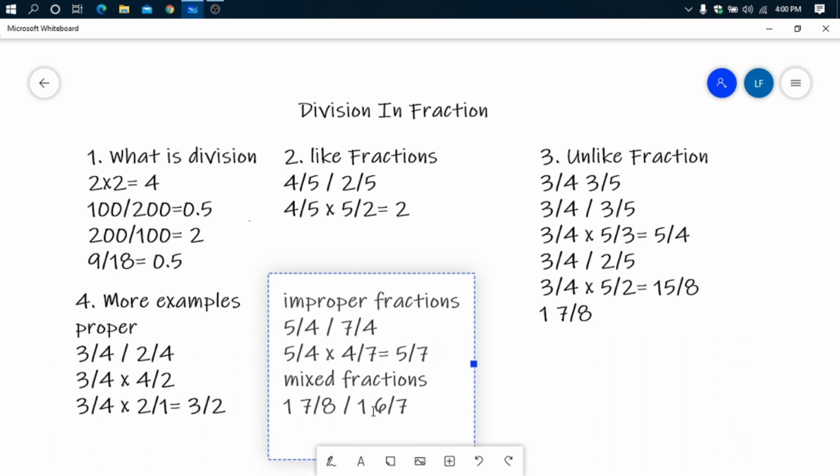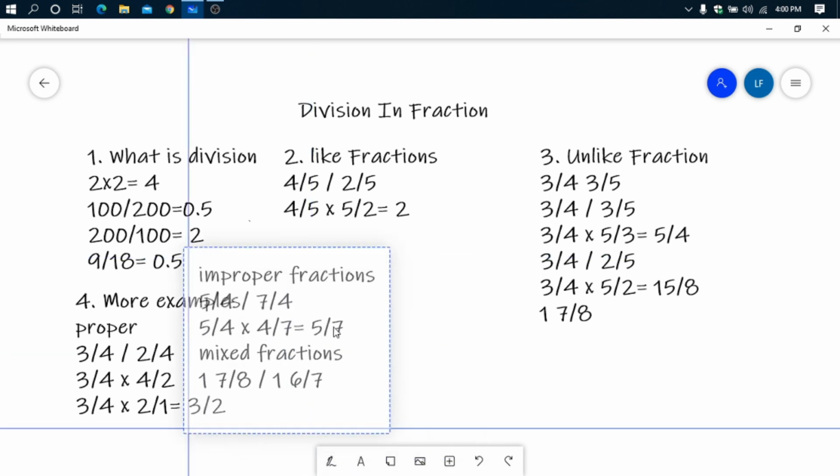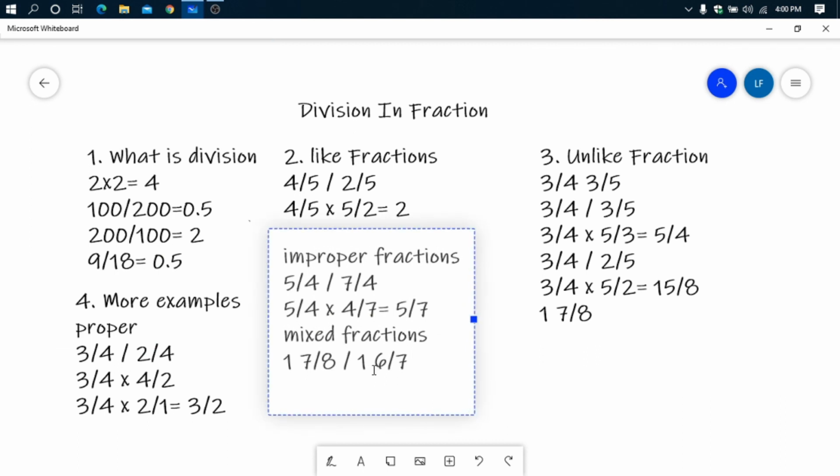First, before taking a reciprocal like we always do, we have to convert them into improper fractions. So 8 times 1 equals 8, and then 8 plus 7 equals 15. So 15 by 8, which is divided by 7 times 1 equals 7, 7 plus 6 equals 13. So 13 by 7.